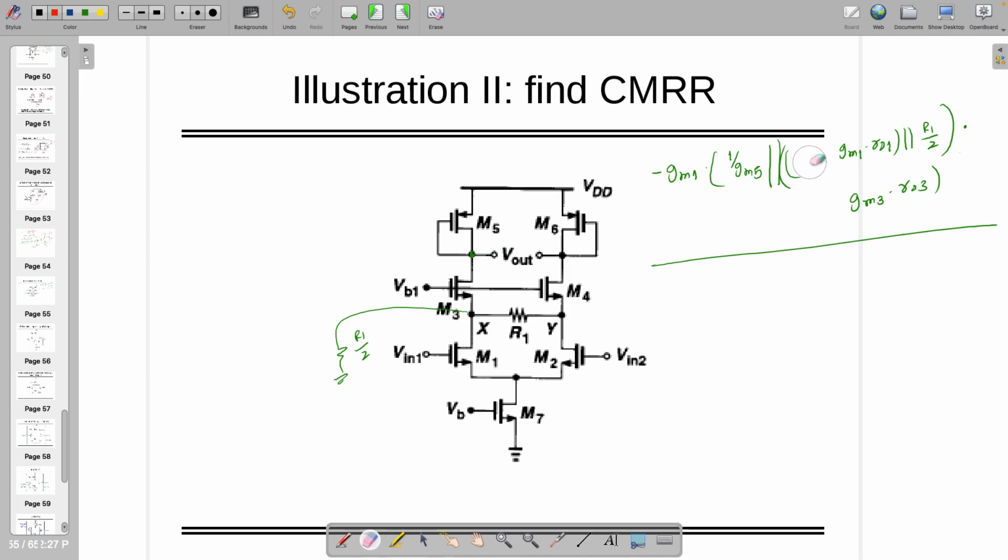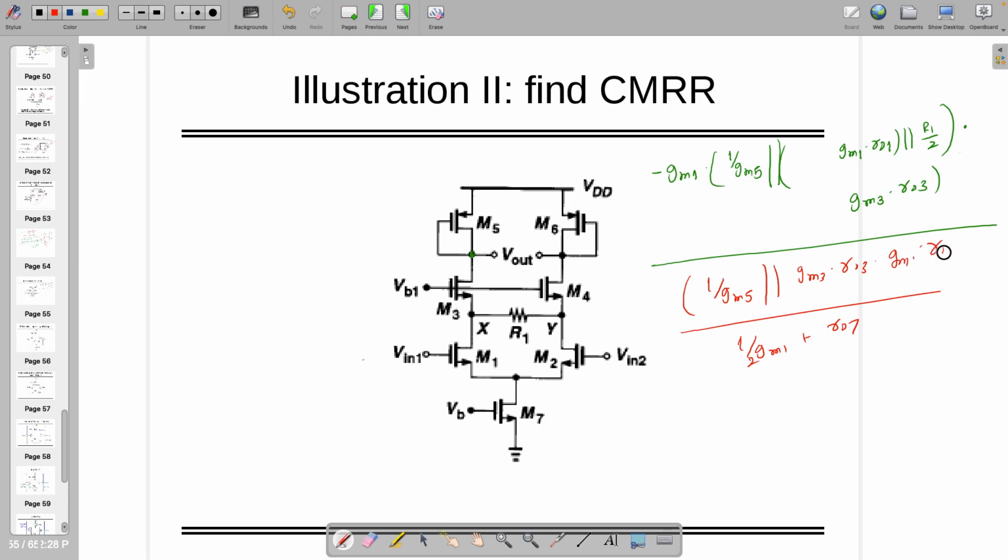RO7 is not there. So in common mode, R1 will not be there. So it's 1 by GM1, 2 GM1 plus RO7. And here, looking at output side, 1 by GM5 in shunt with GM3 RO3 times GM1 RO1 times RO7, right? So that's the CMR.